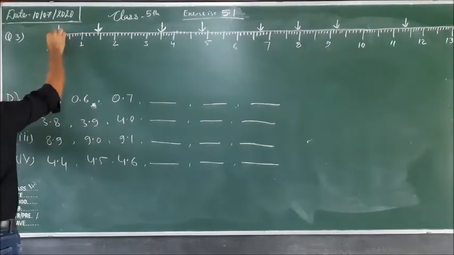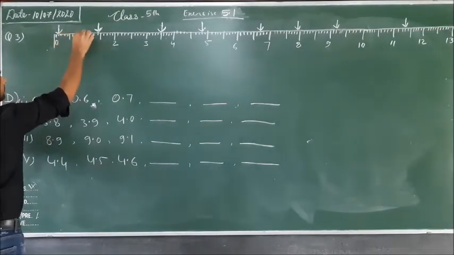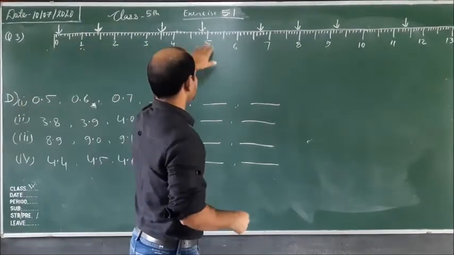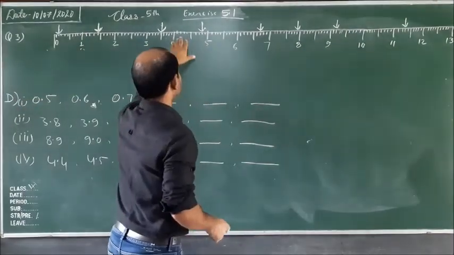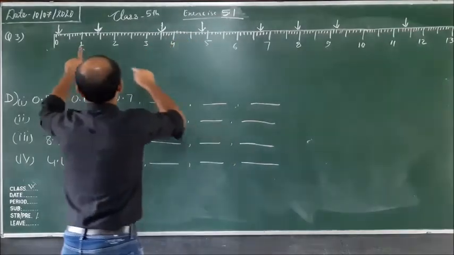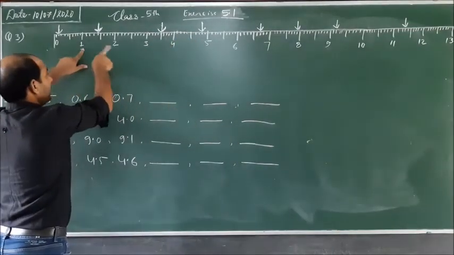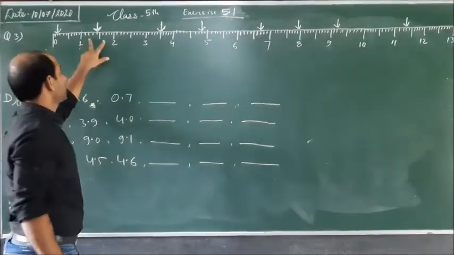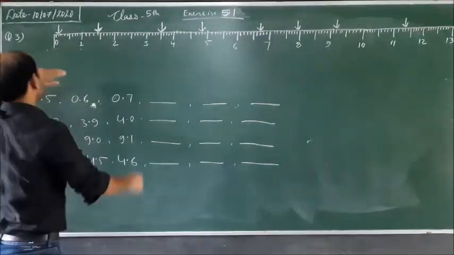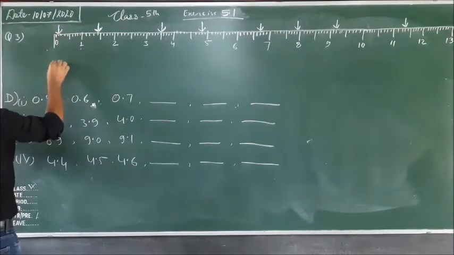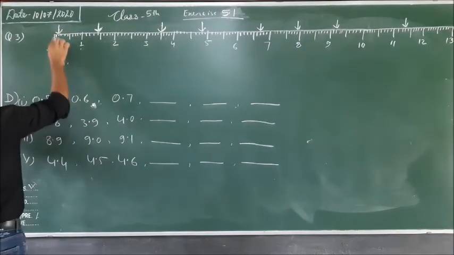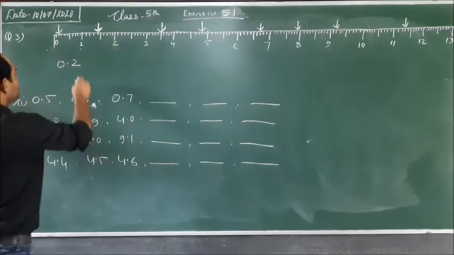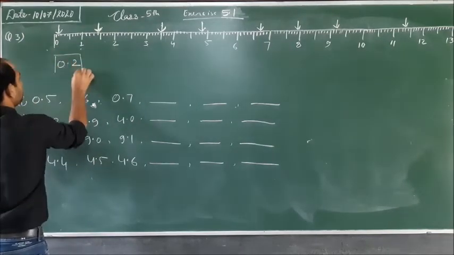This is 1 centimeter, 2 centimeter, 3, 4, 5 centimeter. Between 1 and 2, these are millimeters. So we write 0.12 here because it is not 1 centimeter. This is the first one.